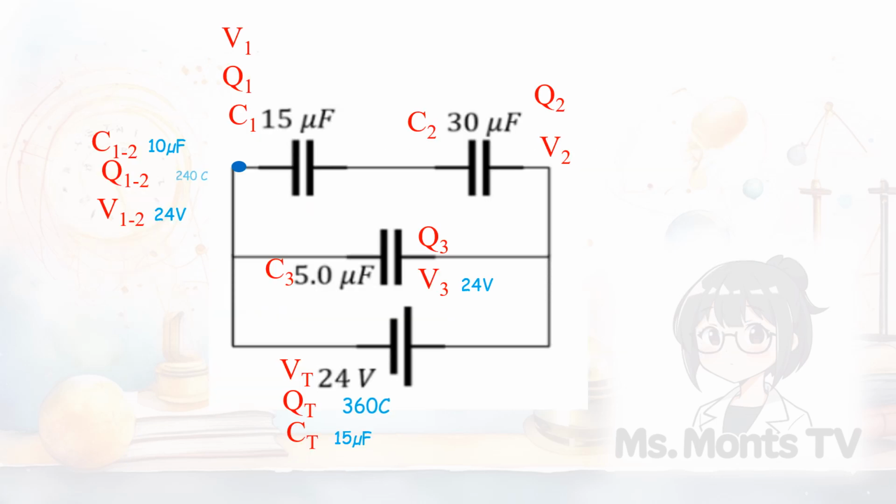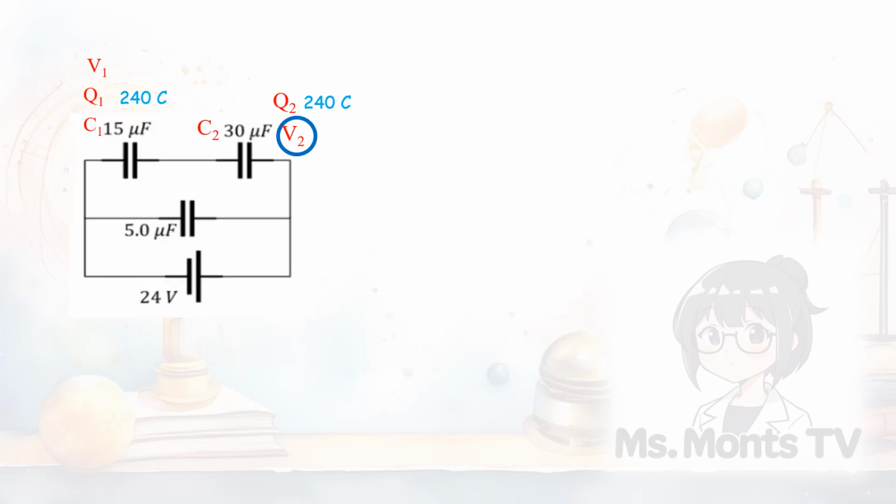Next, okay, so V1 and V2. So C equals Q over V. Now we cross multiply. Voltage equals charge divided by capacitance.